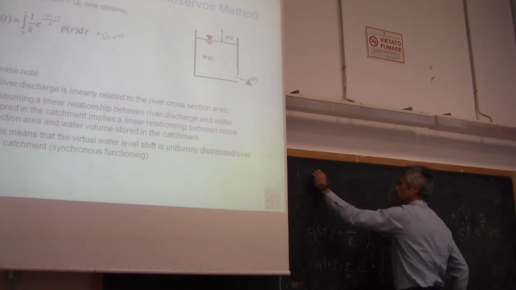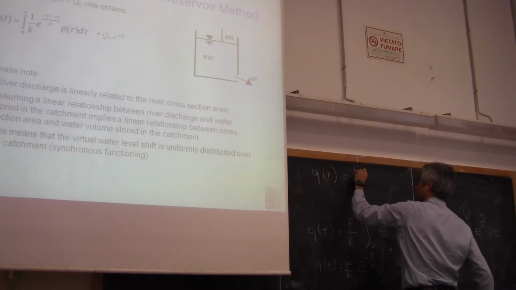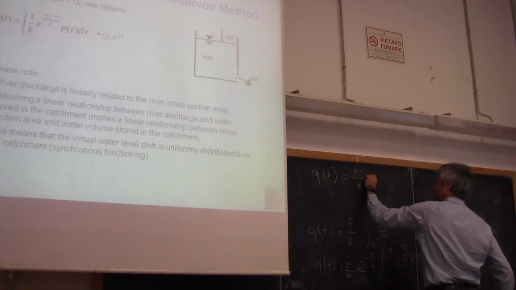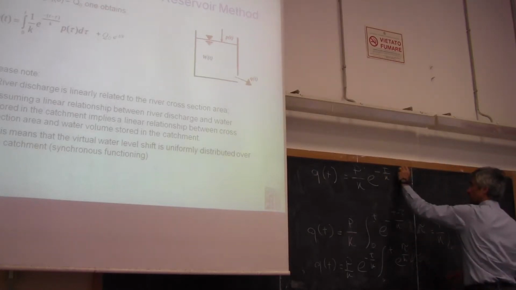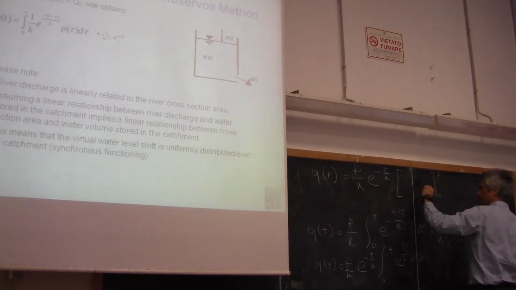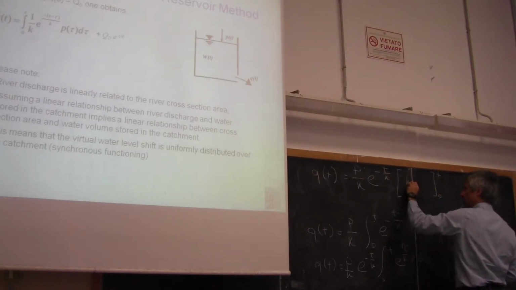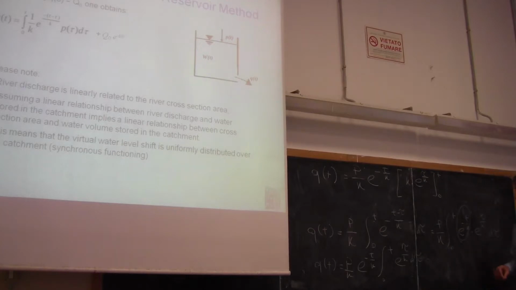So basically Q(t) is equal to P over k, e to the power of minus t over k, times the integral computed between 0 and t, which is k e to the power of tau over k. Yes, I think it is fine.